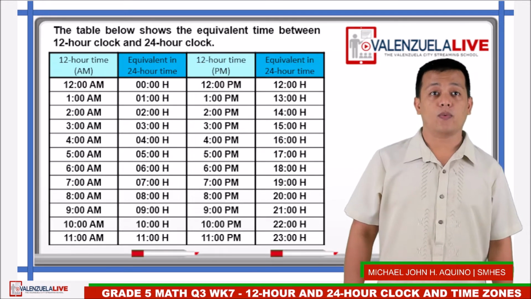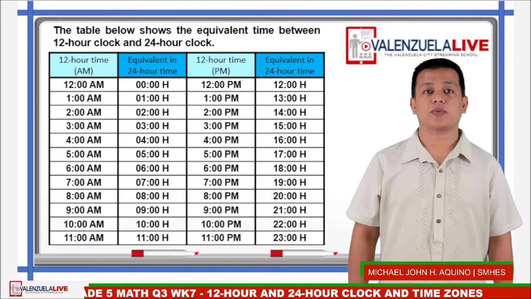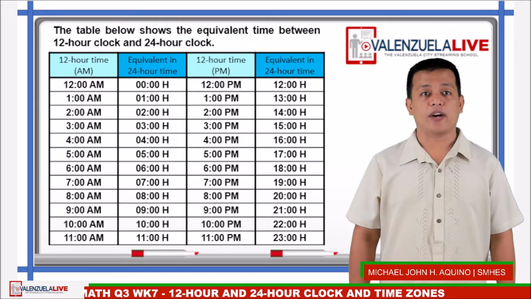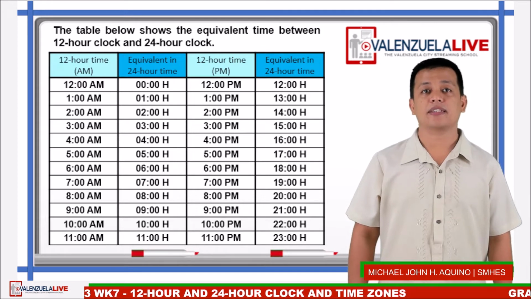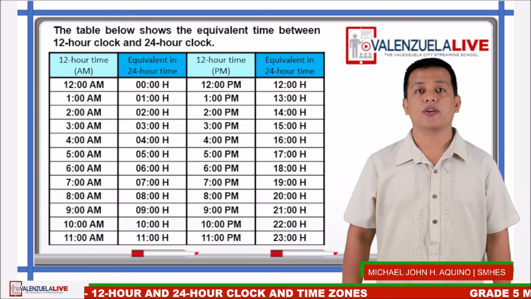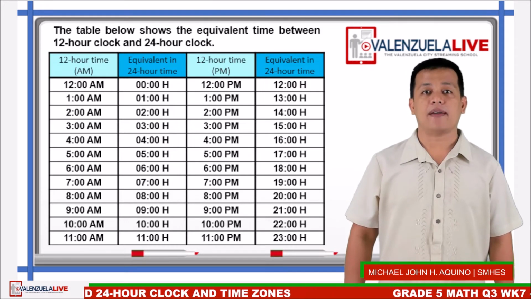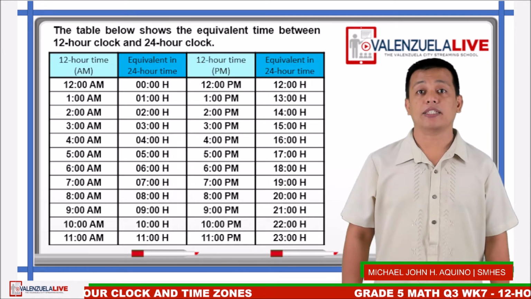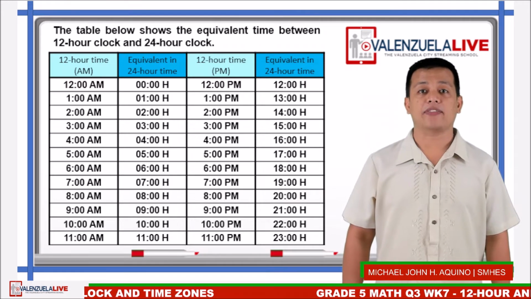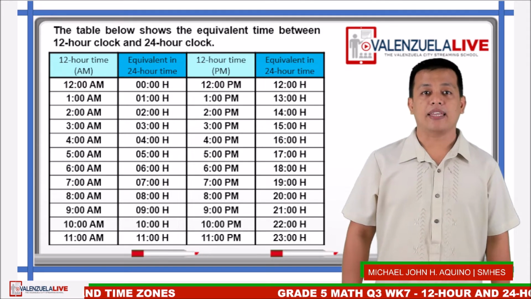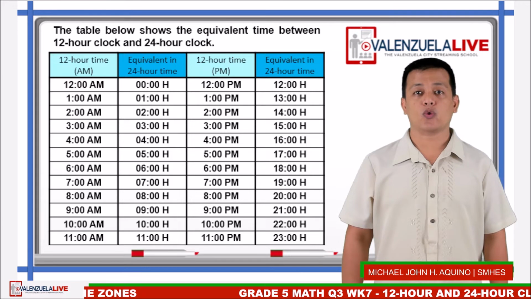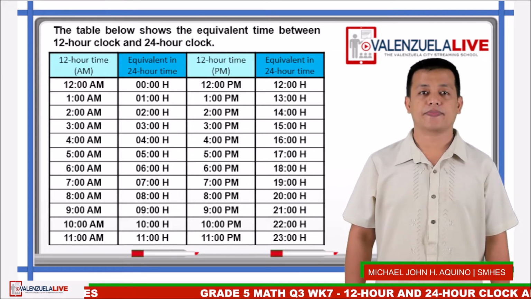Then we have 1 a.m., that is 0100. Then 5 a.m., 0500. And then on the other part, we also have the afternoon. Example, 3 p.m. is equal to 1500. 9 p.m. is equal to 2100.